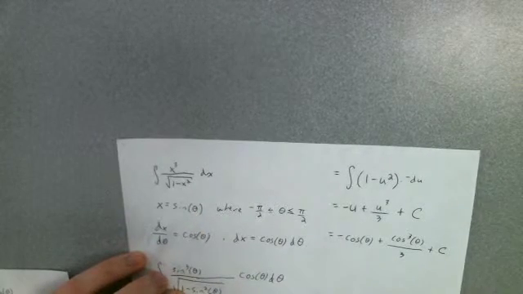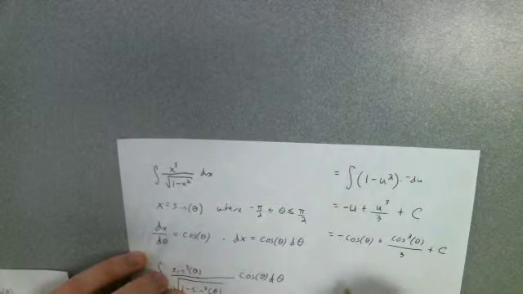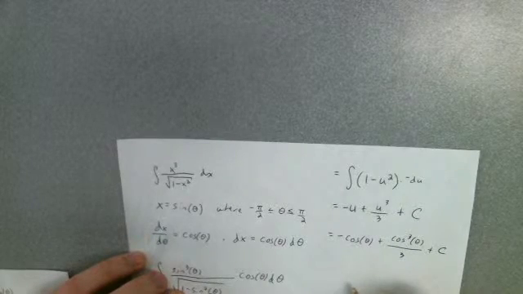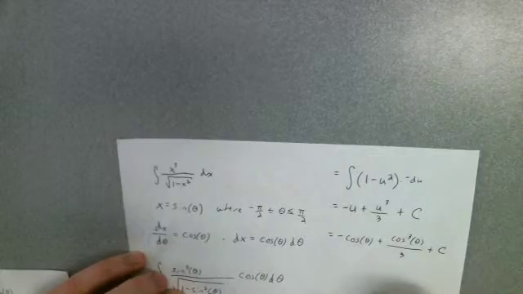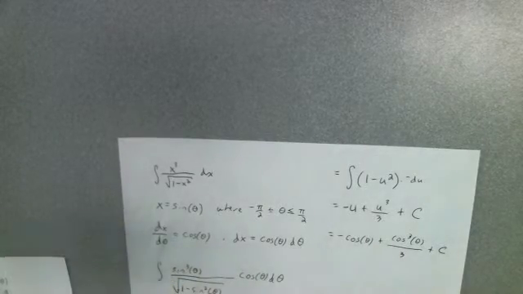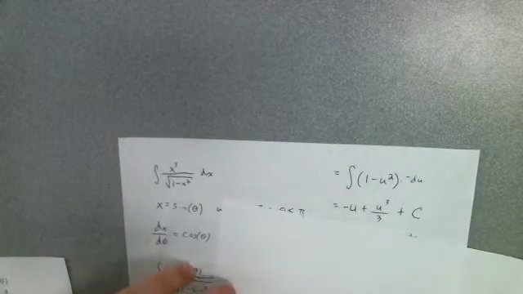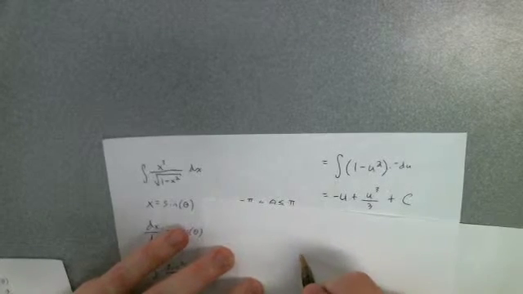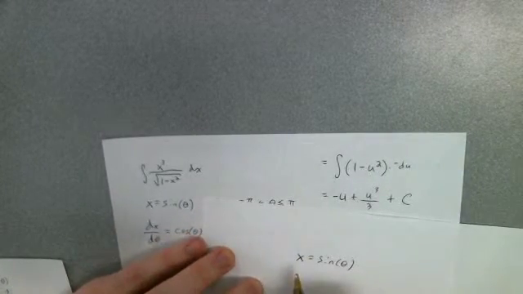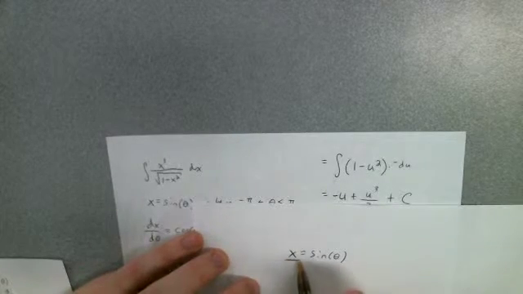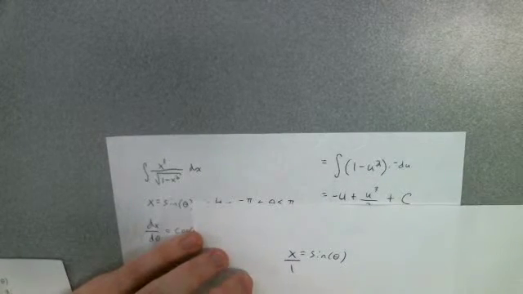Let's draw a little picture of that. So sine, it's the opposite side divided by the hypotenuse. So if you have x equals sine of theta, well, here's what we're going to do. We're going to think of x as x over 1. Why would we do that?